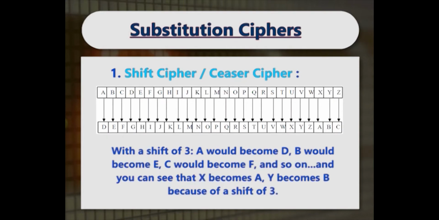And with the shift of 3, A would become D, B would become E, C would become F, and so on. And you can see that X becomes A, Y becomes B because of a shift of 3. So, you can use this key to help you when you are trying to encrypt a message. So, this is how encryption works in Caesar cipher or shift cipher.